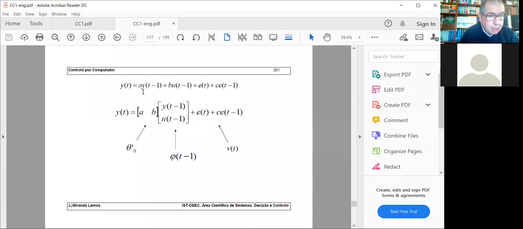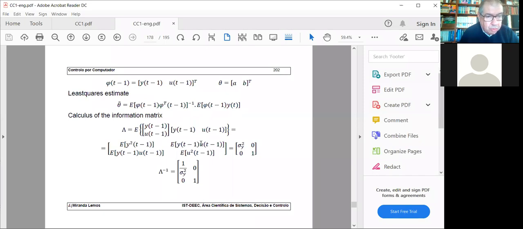So u of t is independent of this term again. So the expectation of the product is the product of the expectations, and the expectation of u of t is 0, so this is again 0. So multiplying y of t by u of t and taking the expectation just gives you 0.